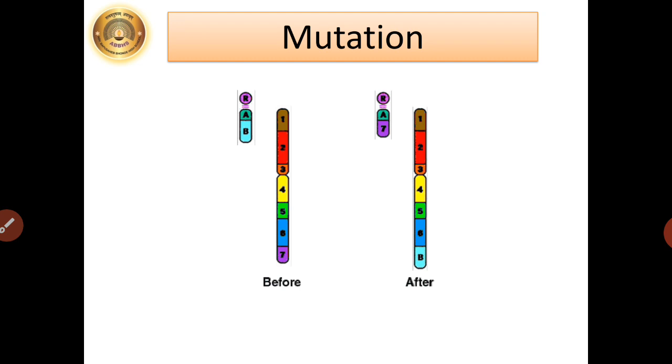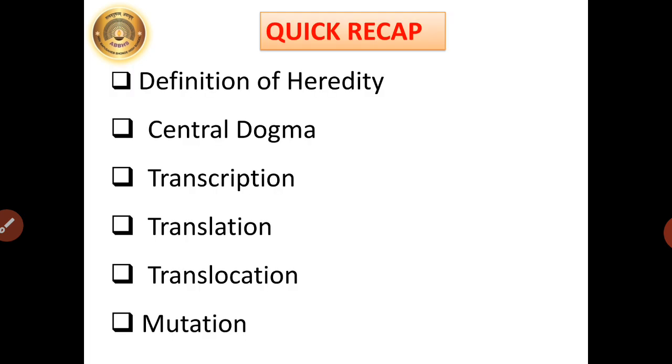For example, mutation may cause genetic disorders like sickle cell anemia. This is an everlasting process, and it is one of the proofs for Darwin's theory of natural selection. Darwin's theory of natural selection we will see in the next part of the lesson.